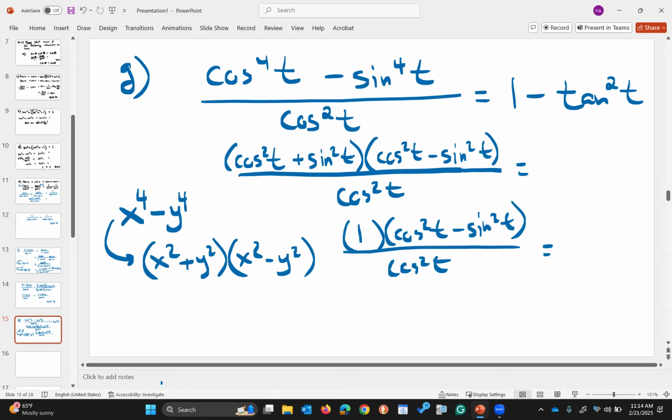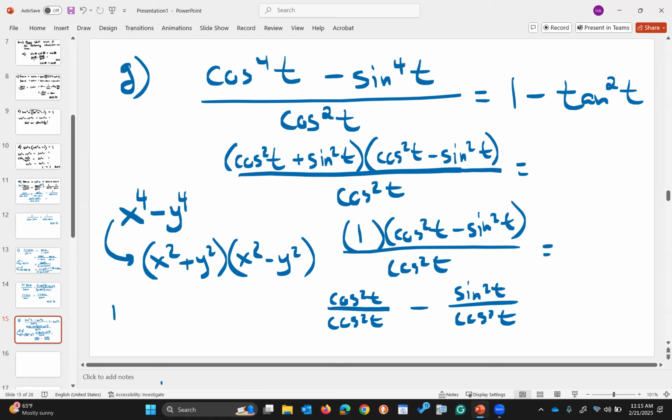I can also divide cosine squared into cosine squared and cosine squared into sine squared. Can I split this off into that divided by this and this divided by this? Can I split fractions?